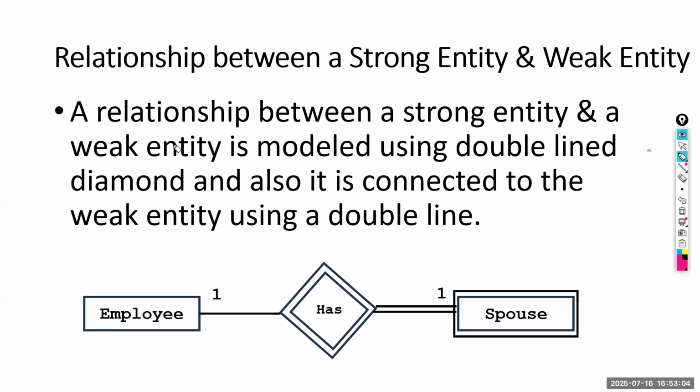Can't we have a relationship between two weak entities? Can't we model a relationship between two weak entities? If yes, why? If no, give some reason that comes to your mind. I don't mind whether it's a crazy reason also.